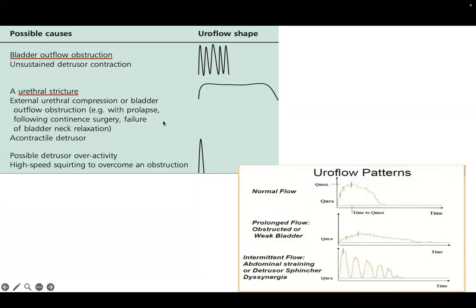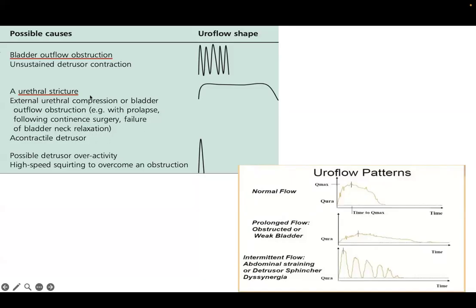This type of prolonged flow we will find in case of urethral stricture, external urethral compression or bladder outflow obstruction, like with prolapse or after continence surgery, or failure of bladder neck relaxation or an underactive bladder.